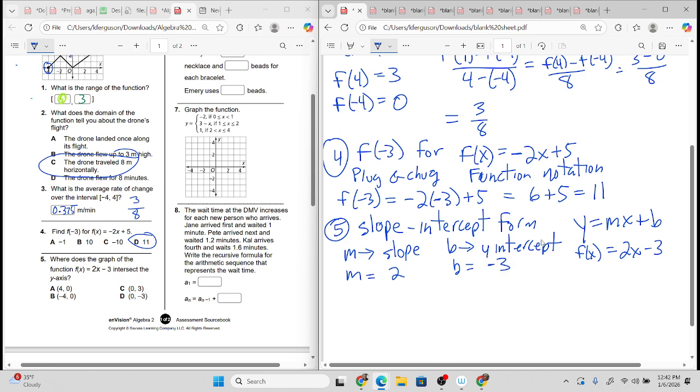Y-intercept means exactly that. It's the point where your graph intersects the y-axis. So then they're saying, where does the function intersect the y-axis? At y equals negative 3. That's the y-intercept. So anybody got any questions on number 5?